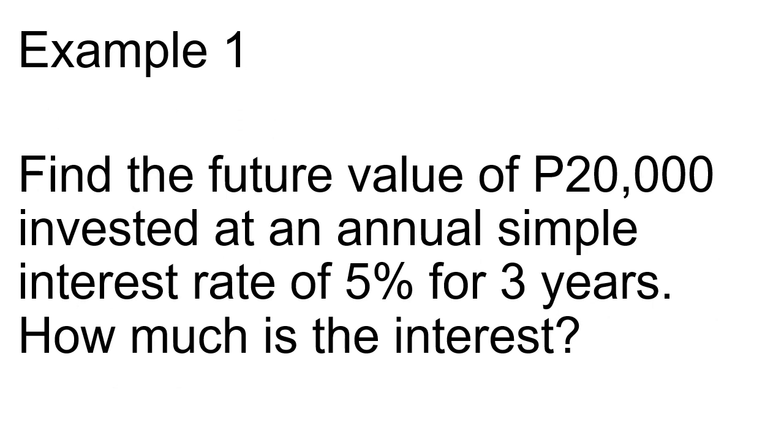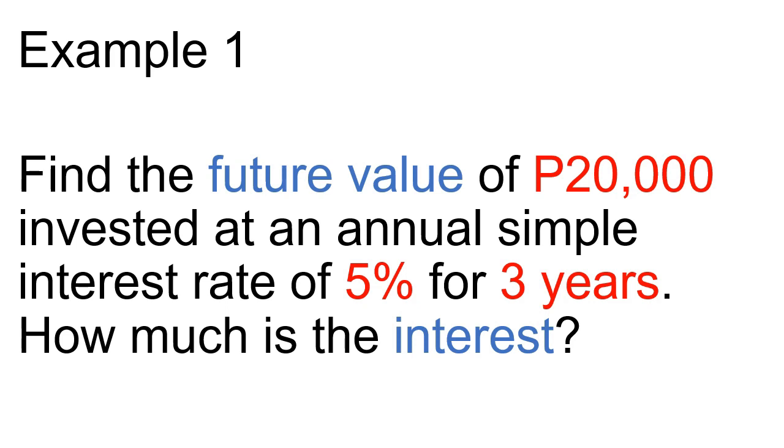Example 1. Find the future value of 20,000 pesos invested at an annual simple interest rate of 5% for 3 years. How much is the interest? So before we solve the problem, let us analyze the given data first.